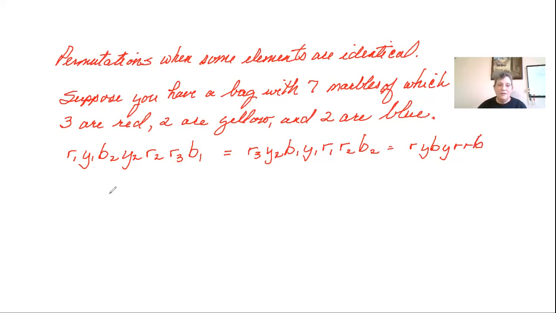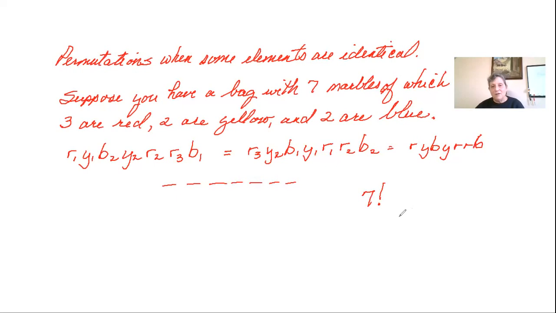So let's look at it this way. If we have 7 marbles, so that there are 1, 2, 3, 4, 5, 6, 7 positions to fill, this is going to be 7 factorial possible ways to actually pull them out.